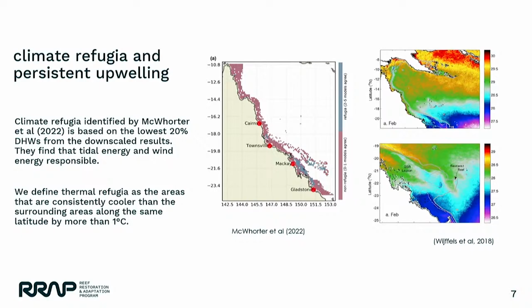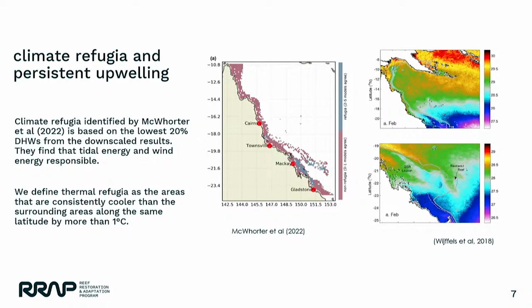In the middle is a figure from the paper by McWhorter et al. to show the climate refugia using a semi-dynamic downscaling method, the persistence of climate refugia. Basically, the blue dots in the southern GBR are the refugia that they identified.